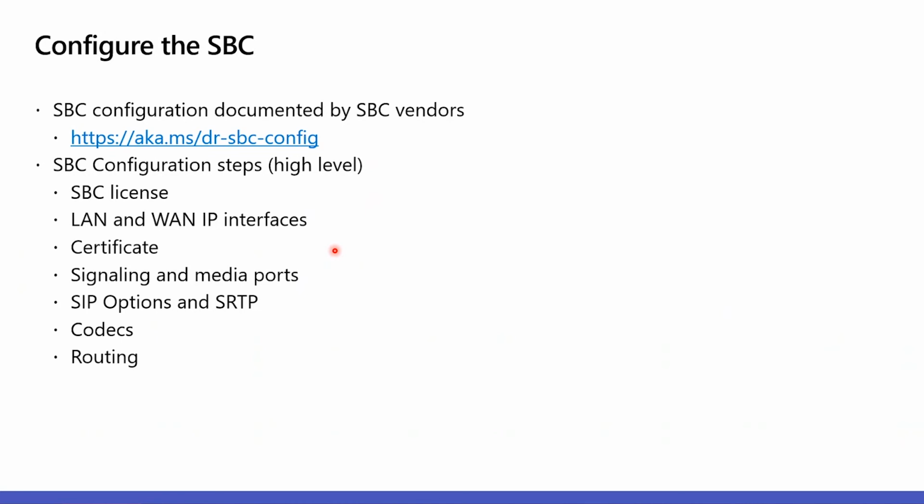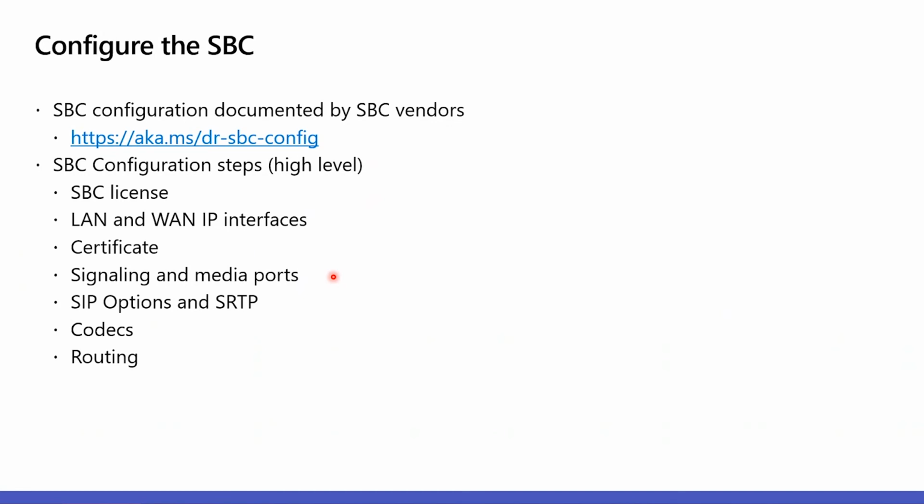It needs a certificate. Each time we set up a session, we require a certificate to bidirectionally authenticate that session. We need to identify some signaling and media ports. So each call consists of 2 actions. One action is signaling. We're negotiating how the 2 endpoints are going to talk to each other based on capabilities.